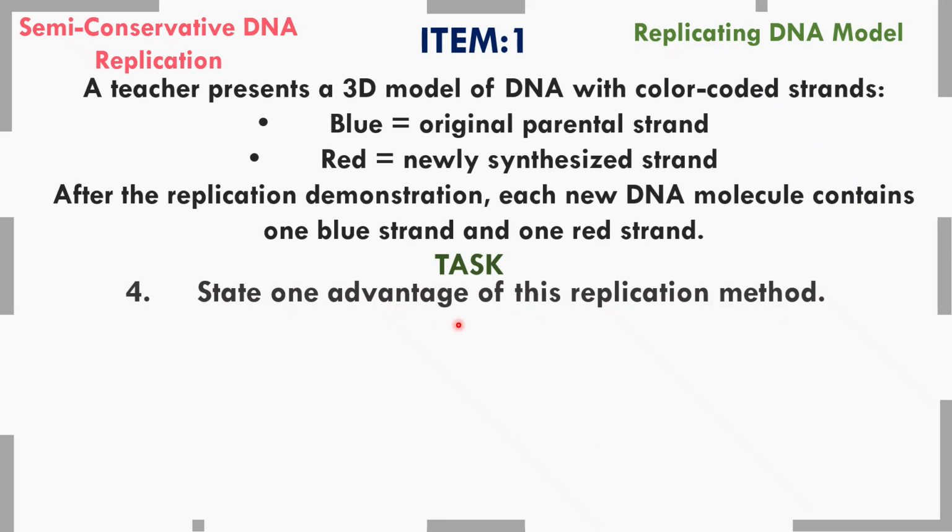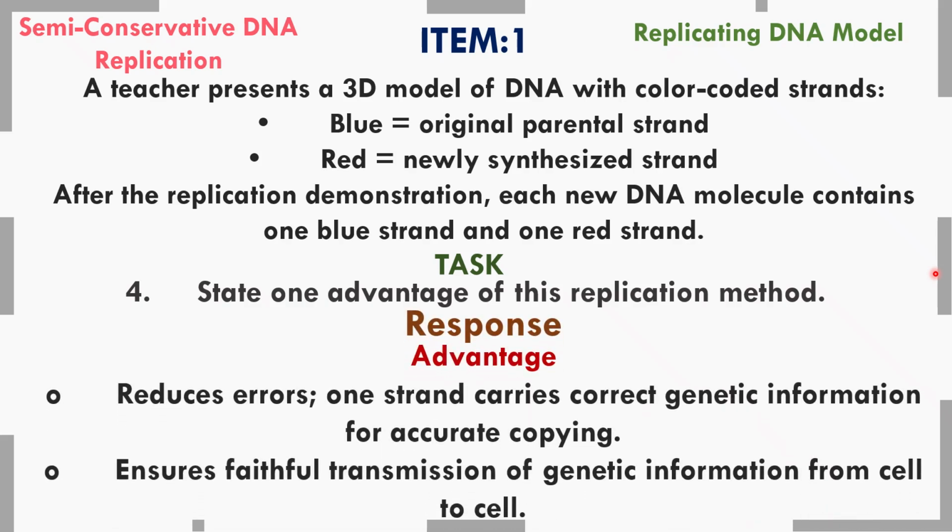State 1 advantage of this replication method. Advantage: reduced errors. 1 strand carries correct genetic information for accurate copying. Ensures faithful transmission of genetic information from cell to cell.